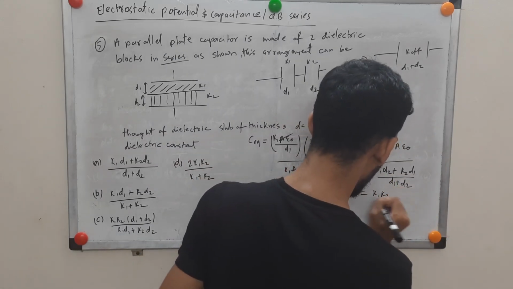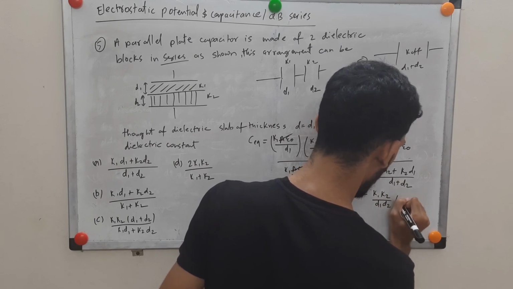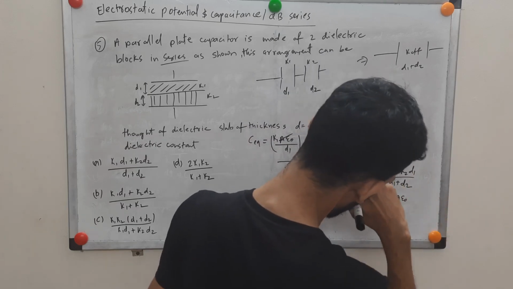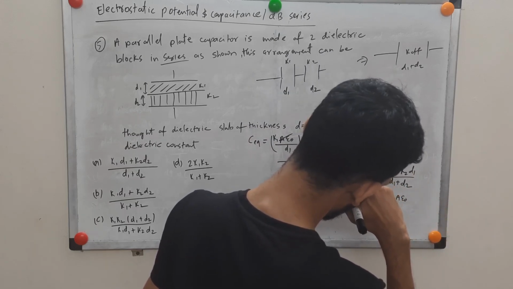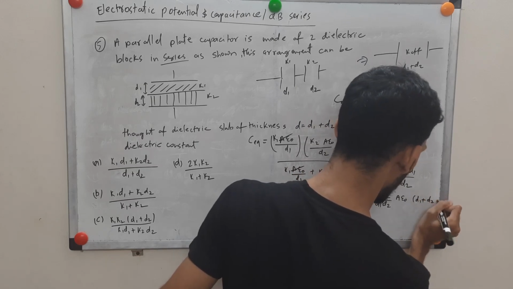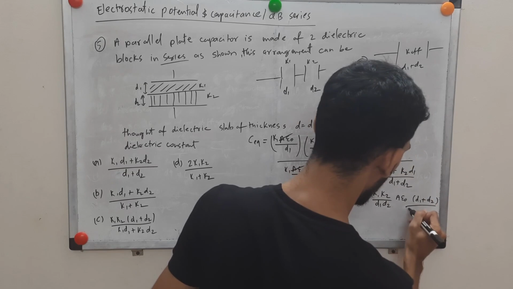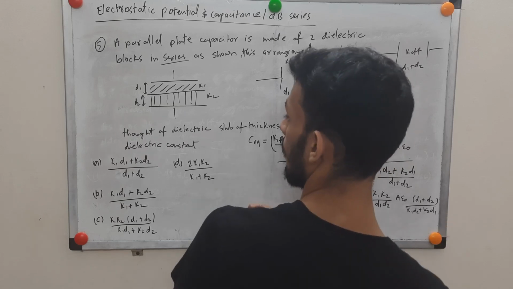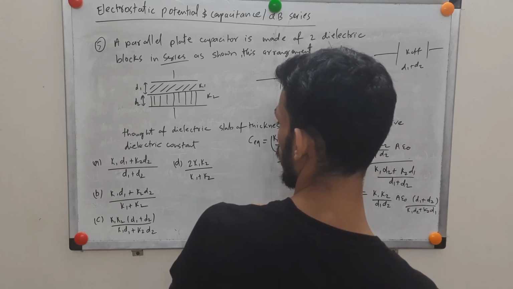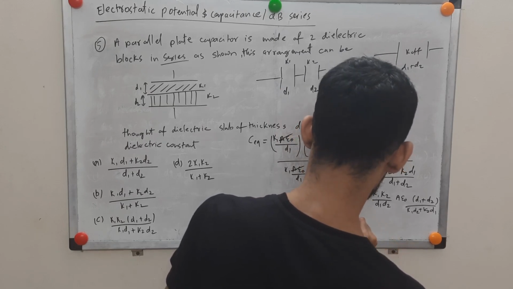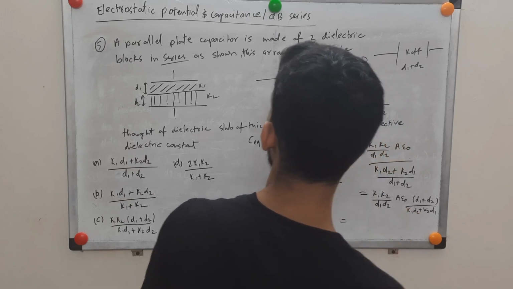So K1 K2 upon D1 D2 into A epsilon naught, and we flip it: D1 plus D2 upon K1 D2 plus K2 D1. Something seems wrong, but we'll carry on.